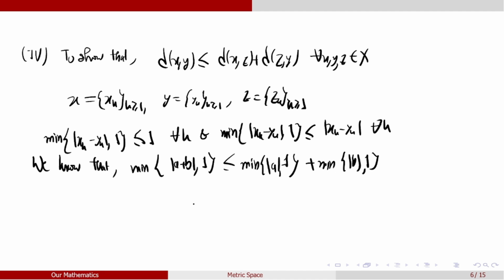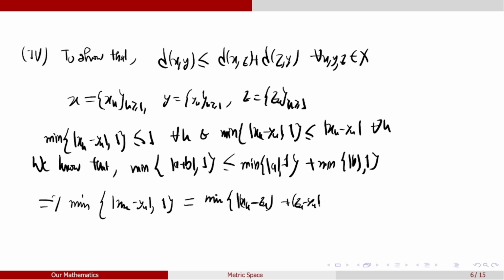Now before considering d of x comma y, let's write: minimum of xk minus yk comma 1 is equal to minimum of xk minus zk plus zk minus yk comma 1. So this is less than or equal to minimum of mod of xk minus zk comma 1 plus minimum of mod of zk minus yk comma 1.